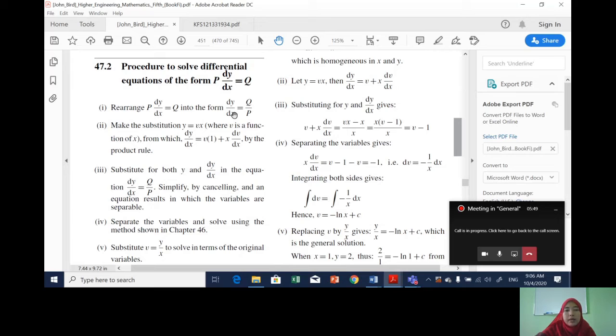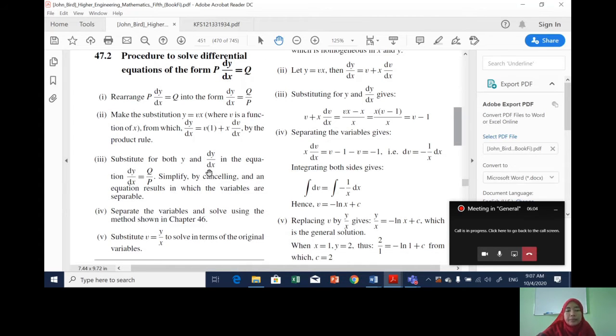After we transform, the form will be in terms of v, x and dv dx. Then we apply the separable method. You can decide on any suitable separable form, whether it's the first form, the second form, or the last form.